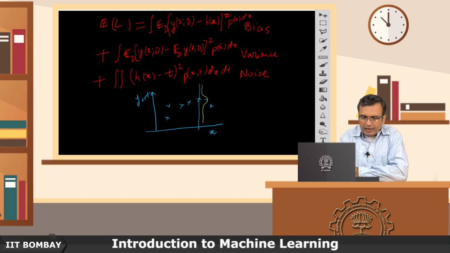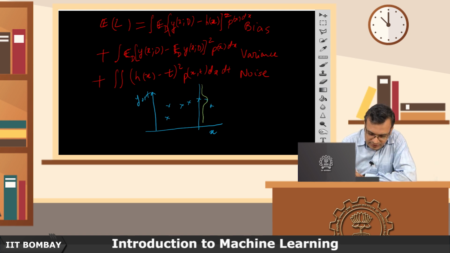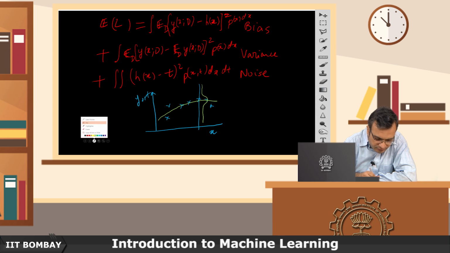So anytime we have a different model, right? So let's say these blue points were the ones that were given to us, and because of that we get a model for y which looks like this. Okay. Now on the other hand, if we were to resample the data and we were given a different set of samples, our model could be slightly different.